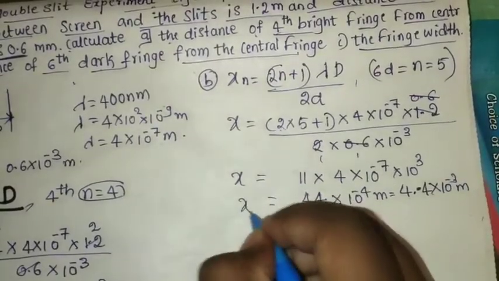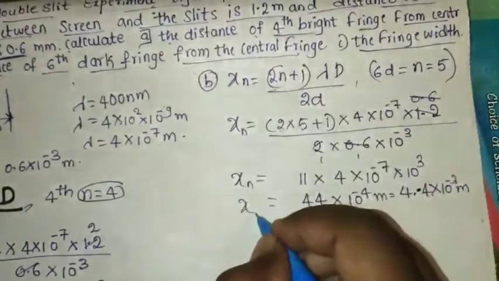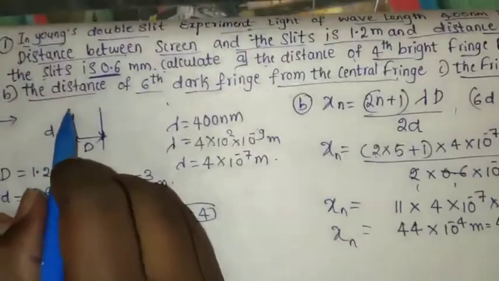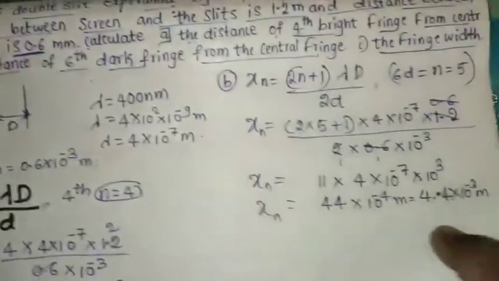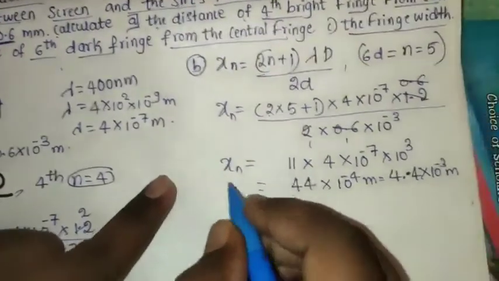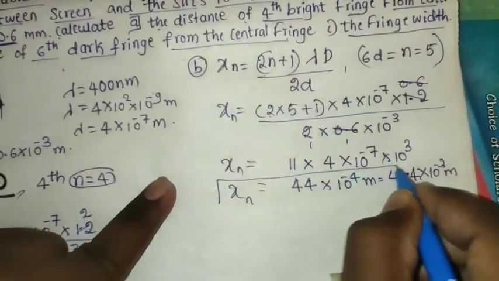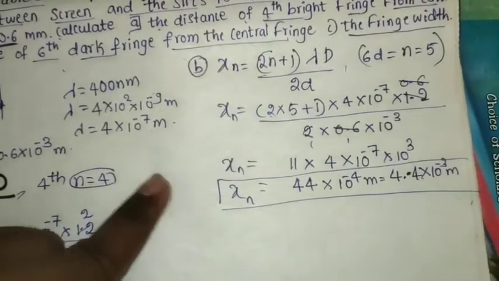This is the answer for B, the distance of the sixth dark fringe from the center fringe.